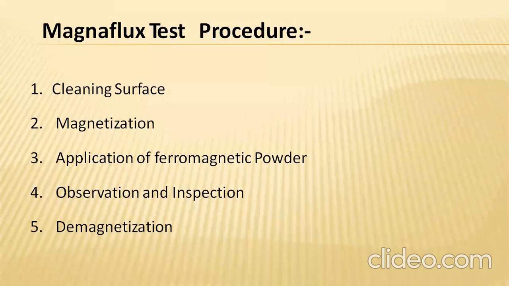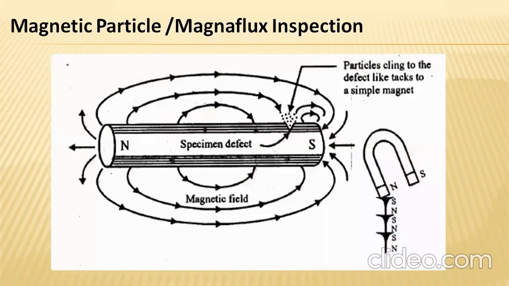Later, the ferromagnetic powder is applied over the surface of the material and observed, and the inspection is carried out. After the completion of the inspection, the object is demagnetized so that normal environmental conditions are restored to the object. This is nothing but the Magnaflux inspection method.